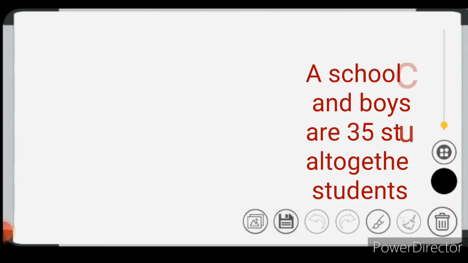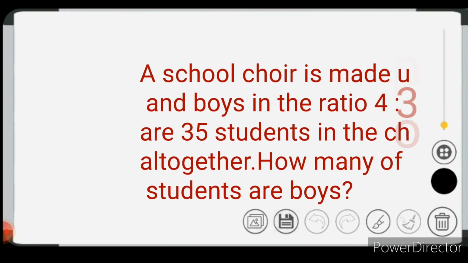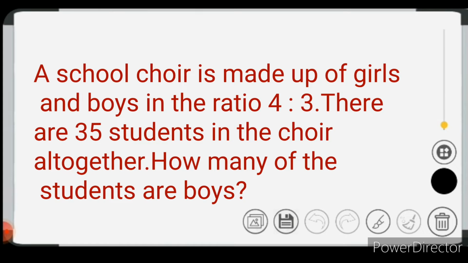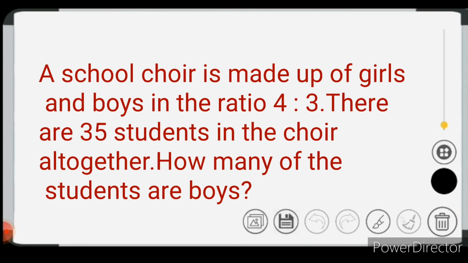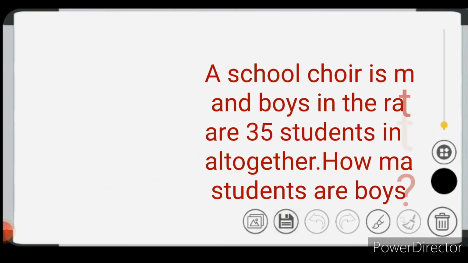Now the question is that a school choir is made up of girls and boys in the ratio 4:3. There are 35 students in the choir altogether. How many of the students are boys? Very, very simple, students.